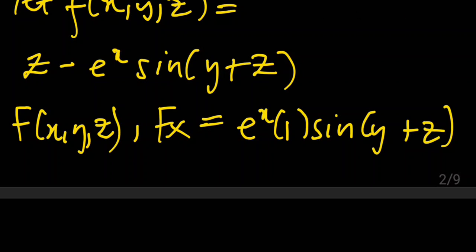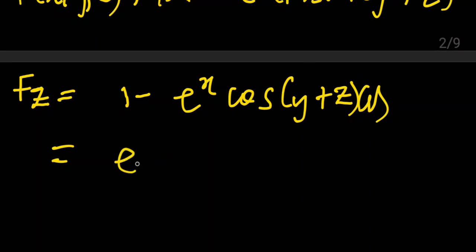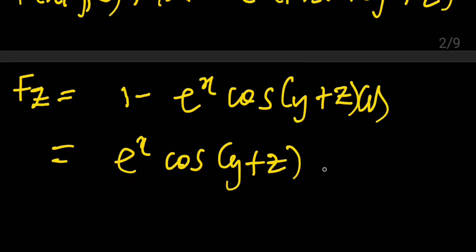And fz will be equal to 1 minus e^x cos(y + z) times 1. To finalize your answer, fz is equal to 1 minus e^x cos(y + z).